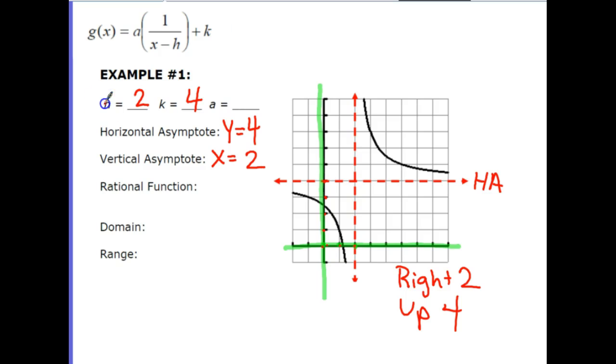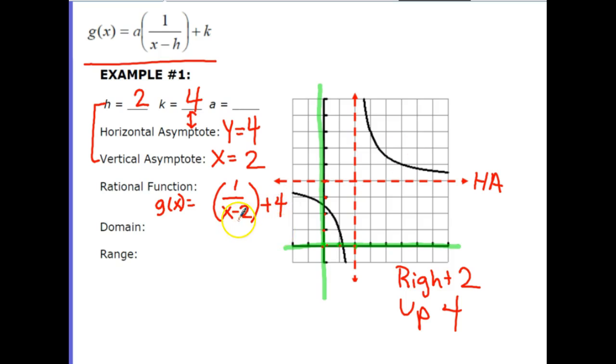See the relationship between these numbers and these numbers? Okay, so the rational function is this one right here. So g of x equals, we're going to come back to the a, 1 over x minus 2 plus 4.